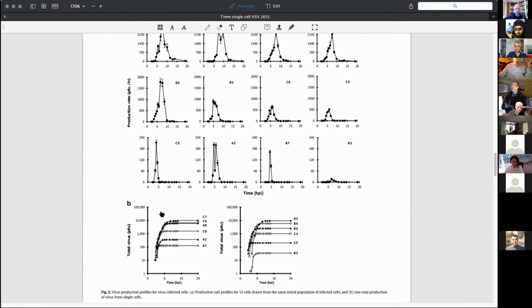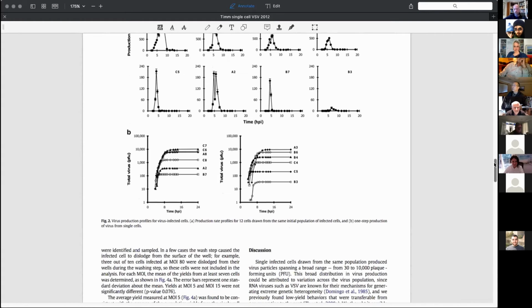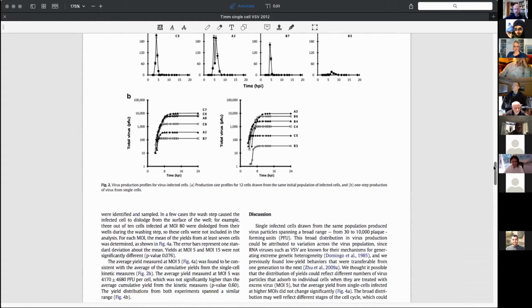What's interesting here is that the time window in which these single cells are producing is relatively narrow, between maybe 5 and 8 hours, or maybe 5 to 10 hours. So there are huge differences in yields from single cells, but a relatively narrow window in which they're producing.